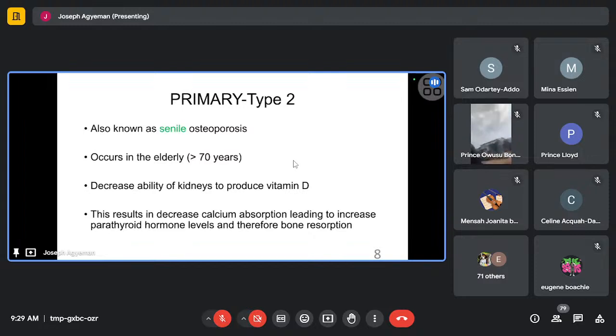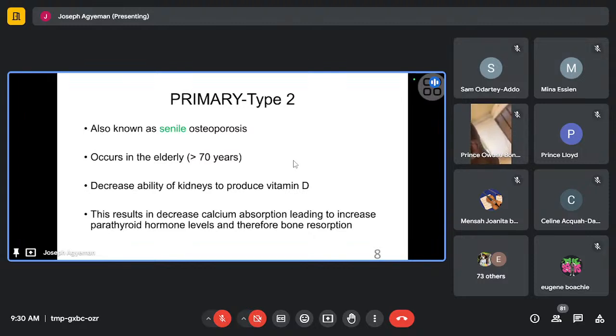And if you have reduced renal function as a result of aging, you also have reduced calcitriol. This will reduce your ability to absorb calcium from the GIT. No calcium in the blood, where are you going to get calcium into bones? You rather go into your bones, break them down so that you don't suffer from hypocalcemia.